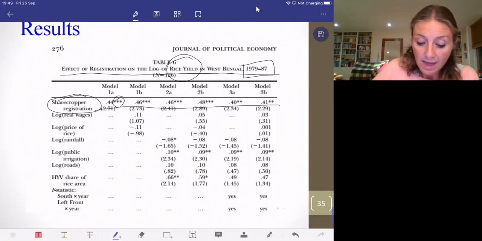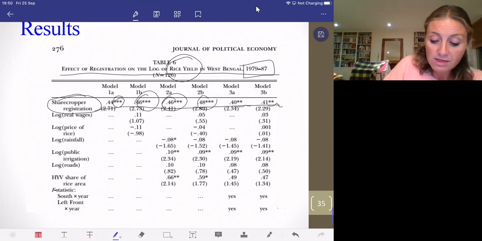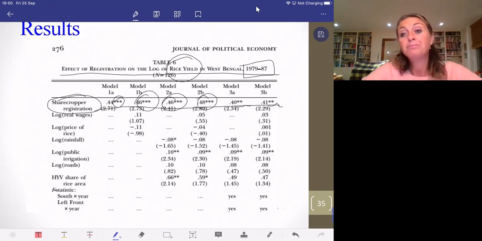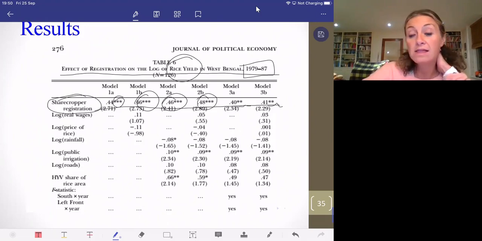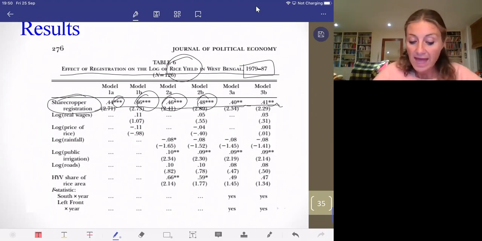So apart from these 2, we always have 3 stars, meaning the result is fairly strong, very robust to the inclusion of extra variables.